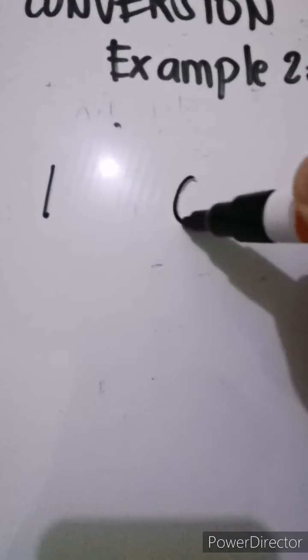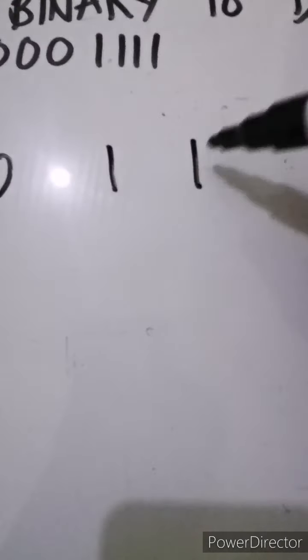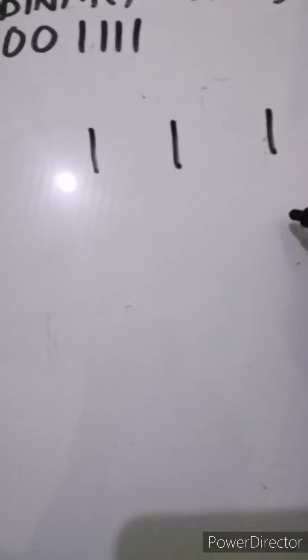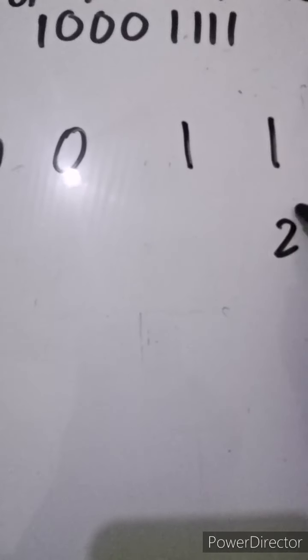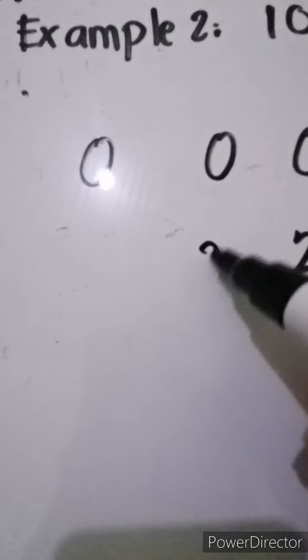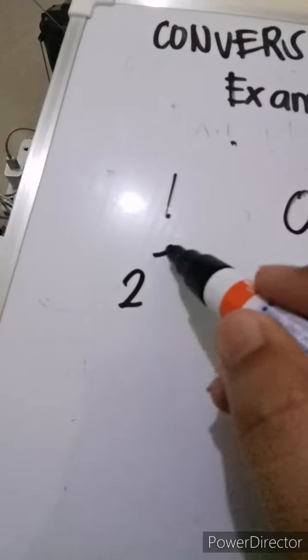Okay. So, the first thing to do is to write 1, 0, 0, 0, 1, 1, 1, 1. And then, from the last number, we have 2 raised to 0, 2 raised to 1, 2 squared, 2 cubed, 2 to the 4, 2 to the 5, 2 to the 6, and 2 to the 7.